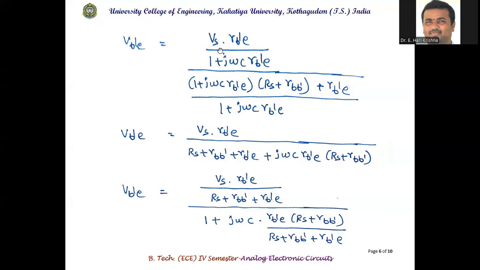So VB'E is equal to Vs multiplied by RB'E divided by Rs plus RBB' plus RB'E plus j omega C RB'E (Rs plus RBB'). Taking Rs plus RBB' plus RB'E common from the denominator, we get 1 plus j omega C times the remaining part, RB'E multiplied by (Rs plus RBB'), divided by (Rs plus RBB' plus RB'E).